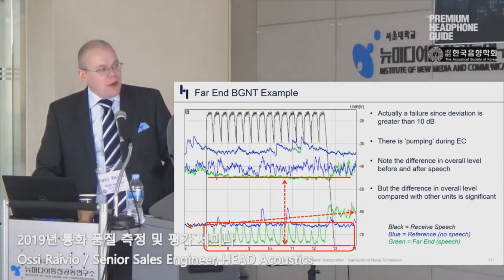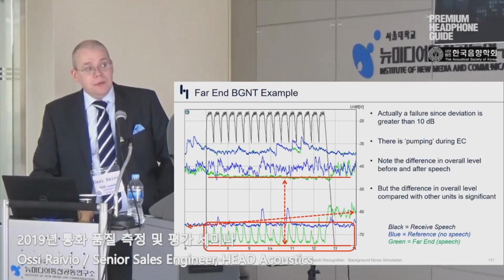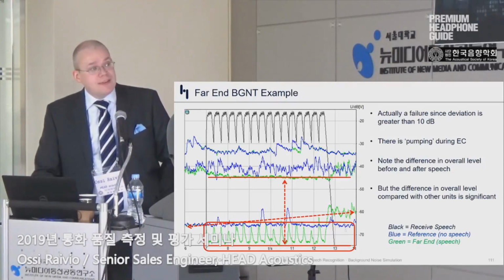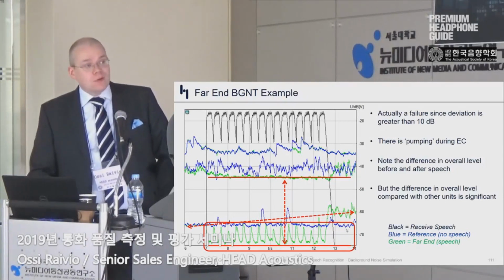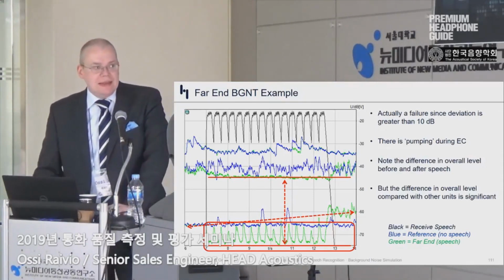There is also a good question that in the beginning, the green and blue curves are on top of each other, but after, they should be on top of each other. But again, we have a big difference. This is most likely badly behaving gain control, which is creating this effect.